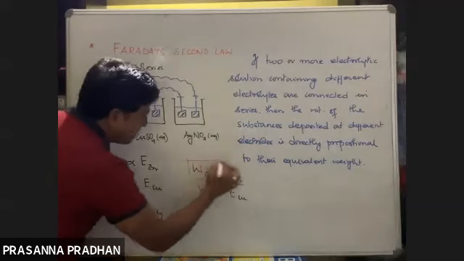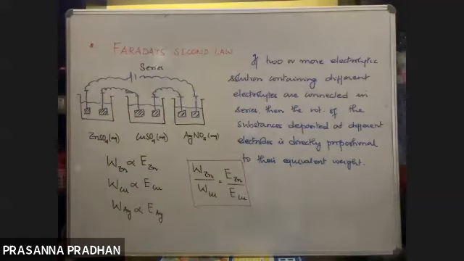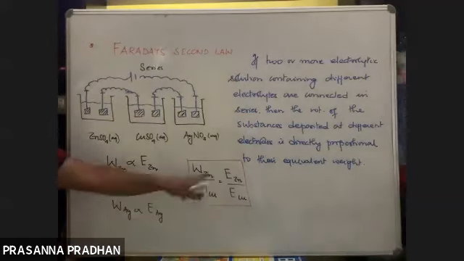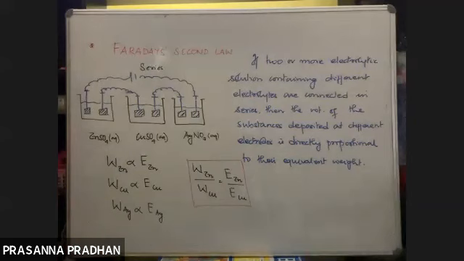It gives us the relationship between the weights of the substances deposited in terms of their equivalent weights when the same amount of current is passed through each electrolytic solution. Provided this law is applicable, the same amount of charge or current must pass through the different electrolytic solutions.